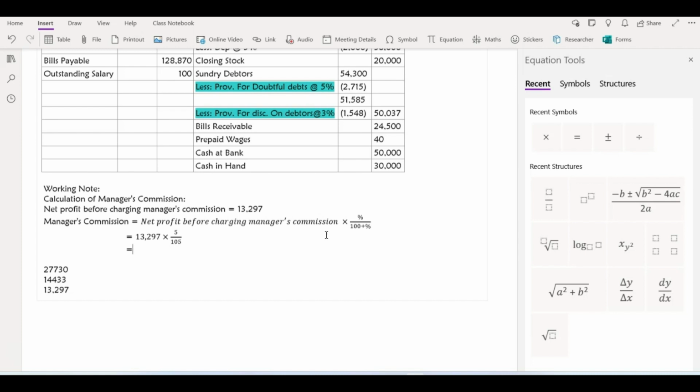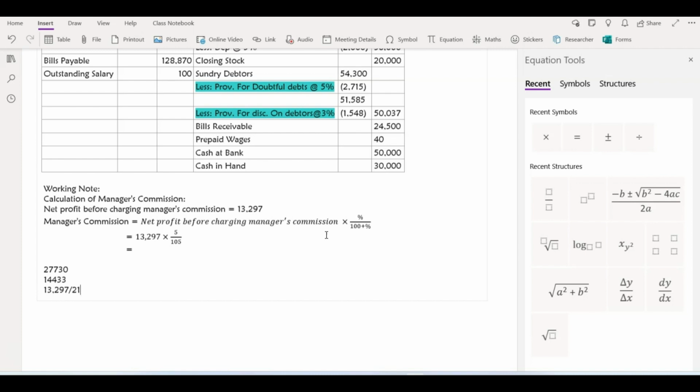So it can be said 1 divided by 21. So 13,297 needs to be divided by 21 actually. Let's do this calculation manually. So 13297 divided by 21.